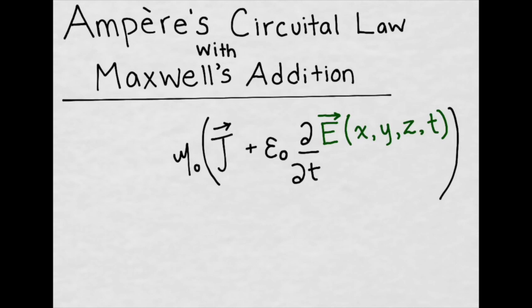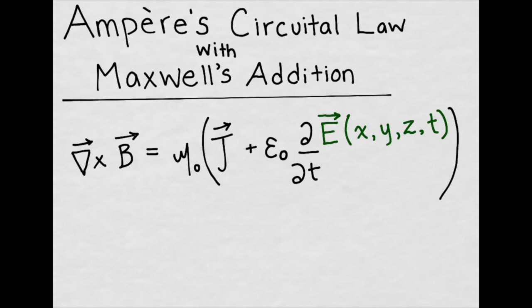This expression on the right is actually equal to the del operator cross B, where B is the magnetic field, and this is the del operator.